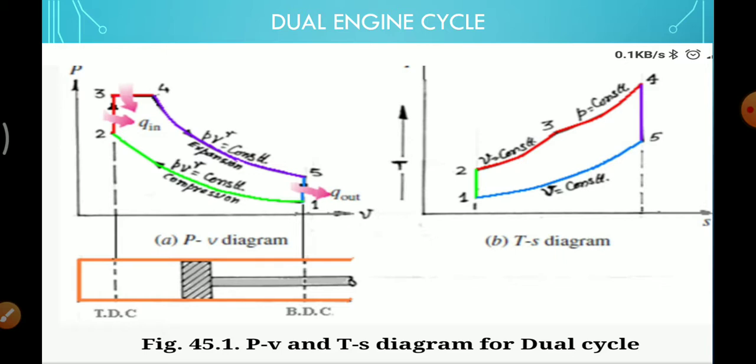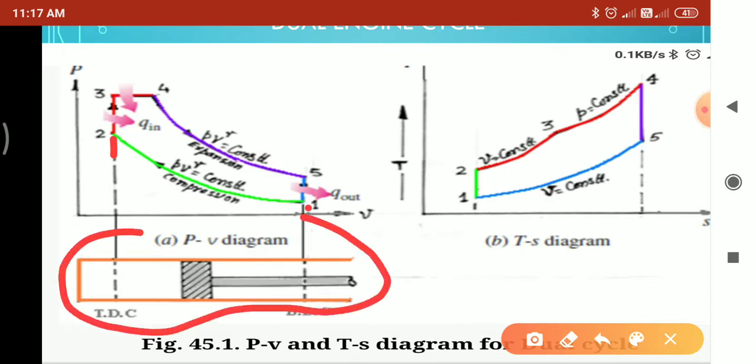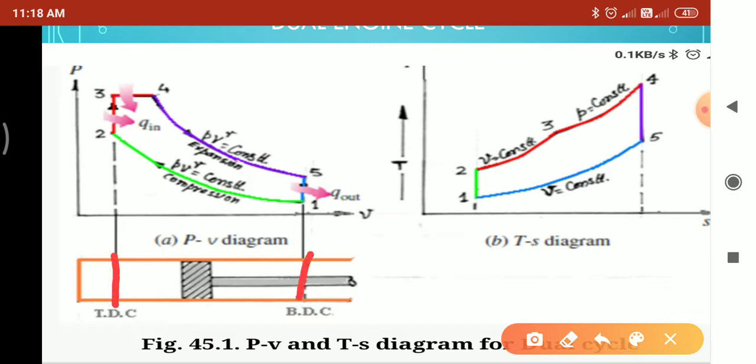Process number 1, from 1 to 2. See here, this is a piston cylinder arrangement, and this point is called TDC and this is BDC, meaning top dead center and bottom dead center.